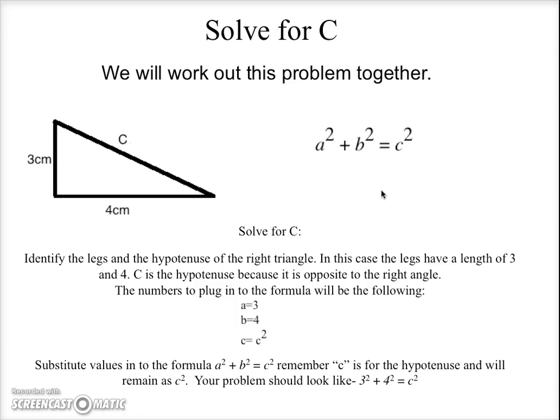Okay, now A squared will be 9, and B squared will be 16. Adding those together, and square rooting it will end up equaling C.